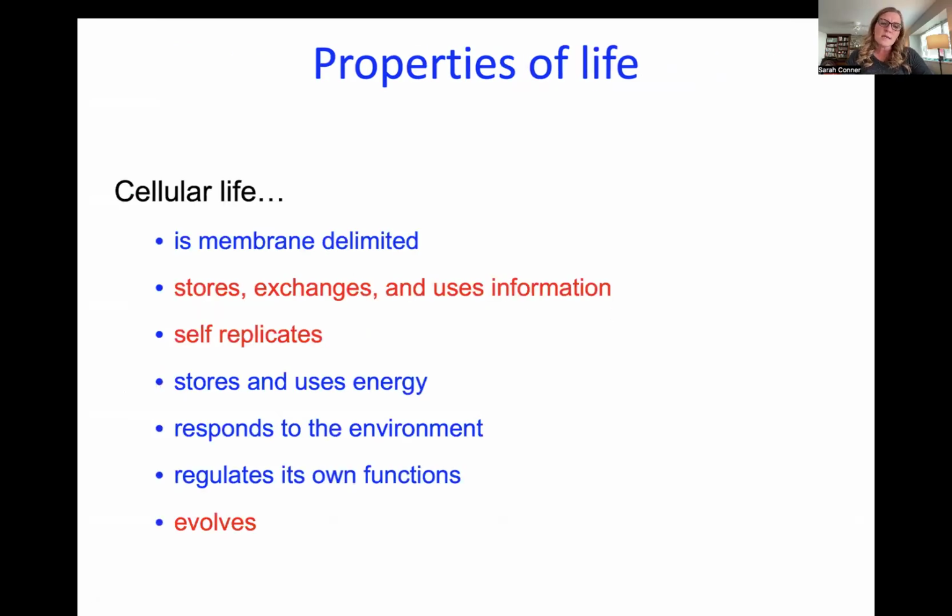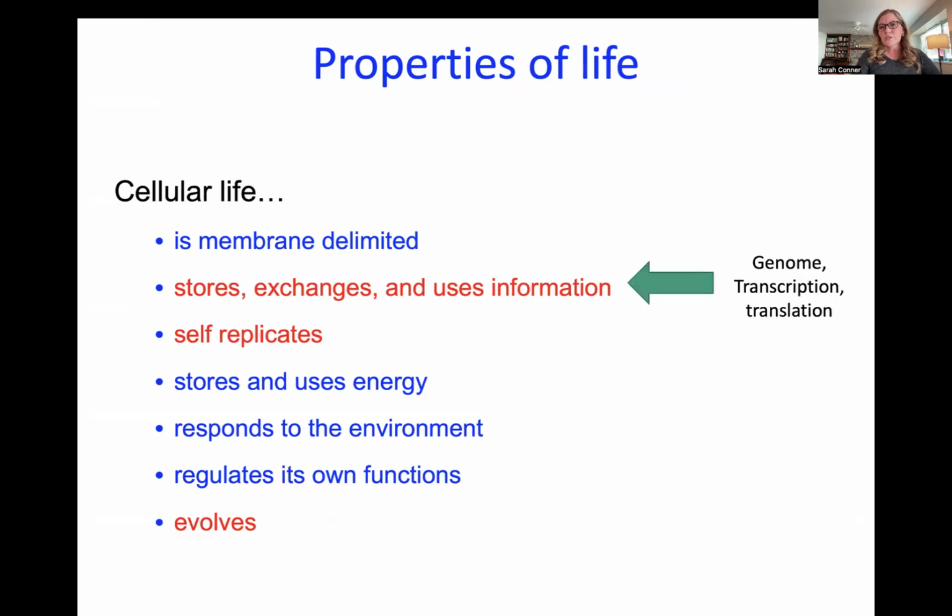This is a snapshot of the properties of life. So storing, exchanging, and using information all go back to the idea of the properties of life that are needed in order to show something's living. So self-replication of DNA, and that a life form will evolve. DNA fits into those three categories.